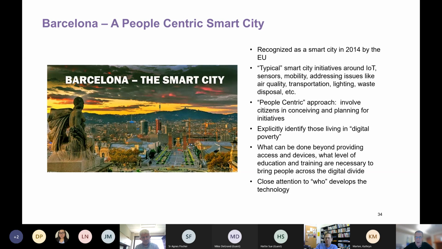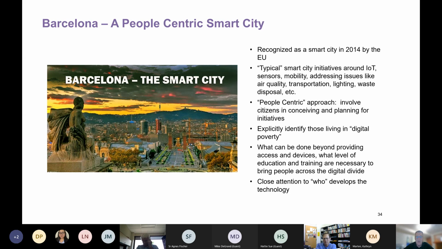So they have identified who is living in digital poverty, for example. They're making explicit efforts to bring those people into the digital economy, not just by providing devices and access, but also by closing the training gap. They are involving their citizens in the selection of pilot projects and in the supervision of these projects.